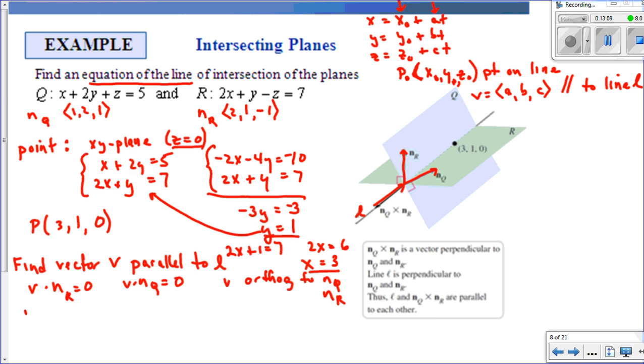So find n sub q cross n sub r, and we will have a vector that's parallel to v.